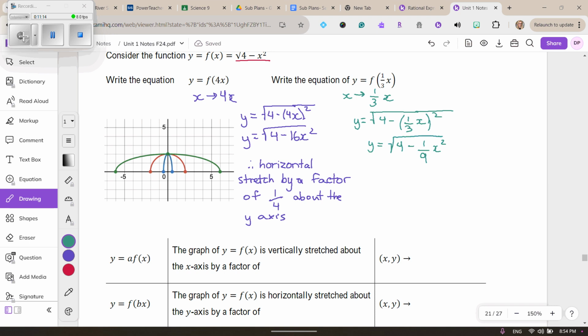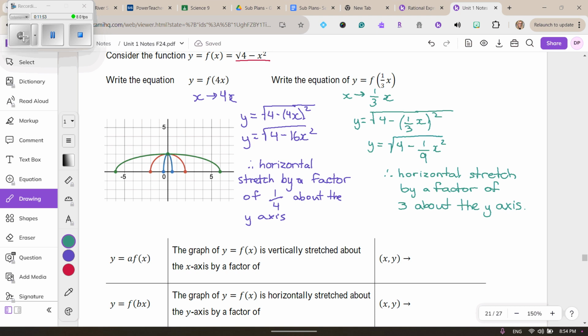When you graph that, you will get the green graph, which you can see has been stretched by a factor of 3. So it is a horizontal stretch by a factor of 3 about the y-axis.